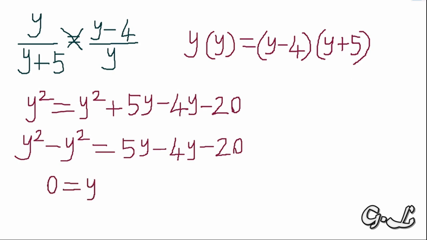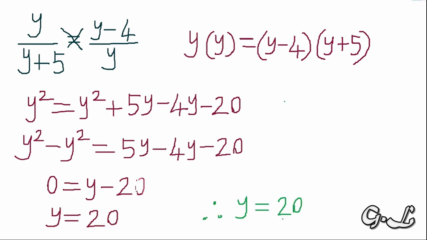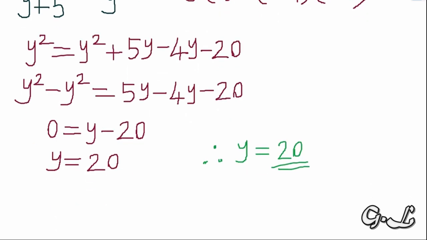And 5Y minus 4Y is equal to Y, and the negative 20 is going to remain like that. Our main objective is to make Y the subject, so Y is equal to 20. You have to say therefore Y is equal to 20.